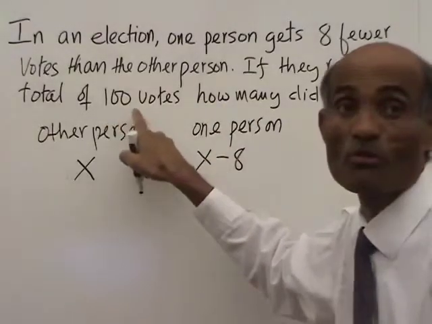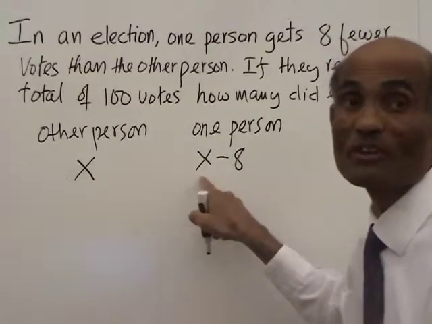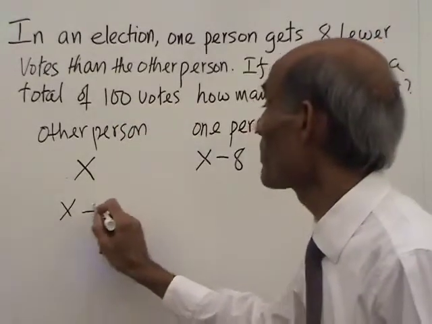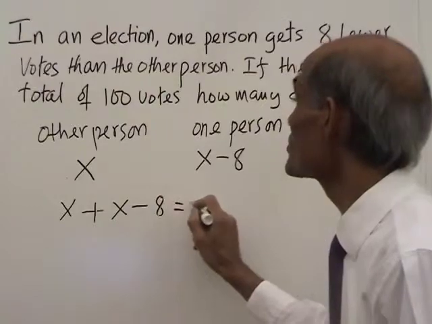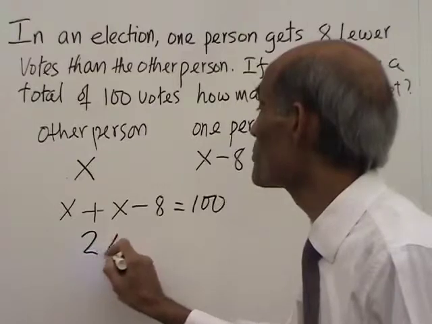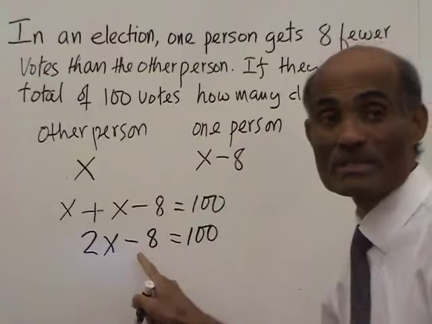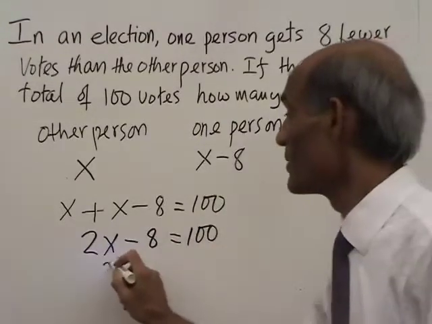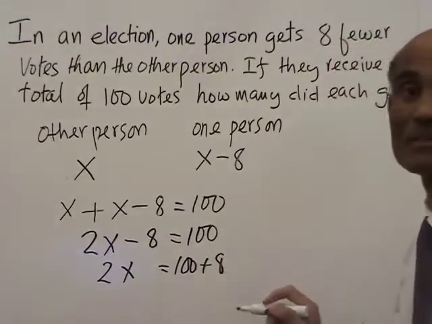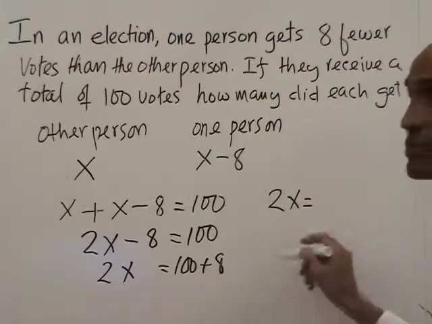The total number of votes is 100. That means if you add this x to this x minus 8, you must get 100. So we get x plus x minus 8 equal to 100. Adding that gives me 2x minus 8 equal to 100. Take the negative 8 to the other side. We get 2x equal to 100 plus 8, which is 2x equal to 108.